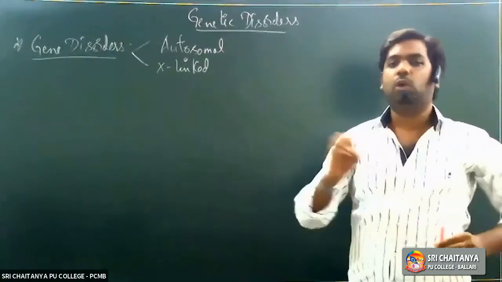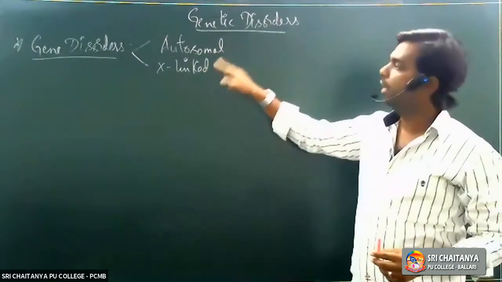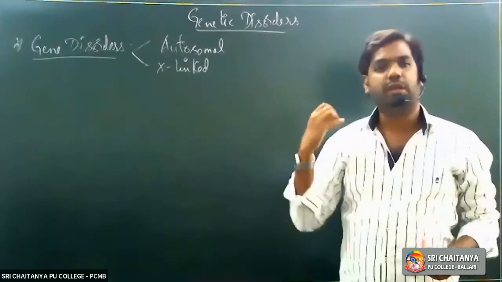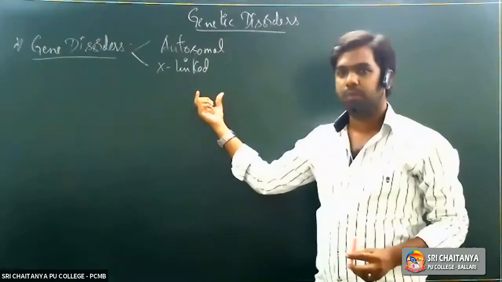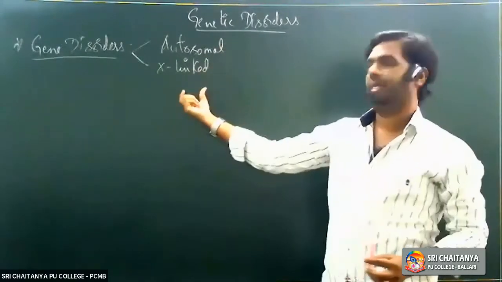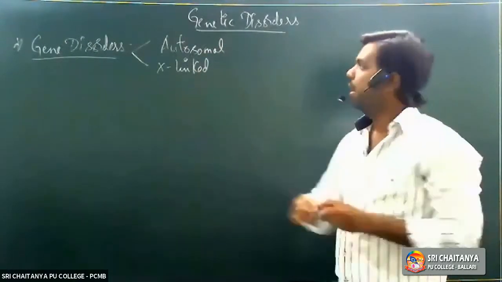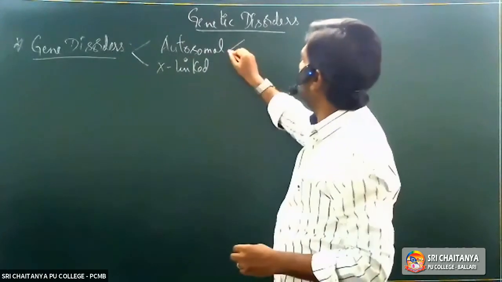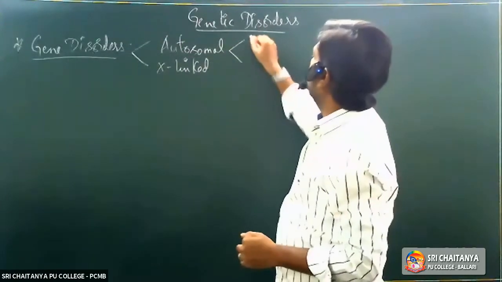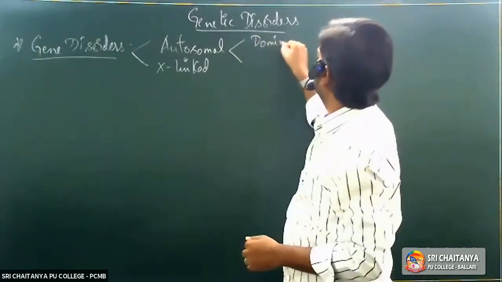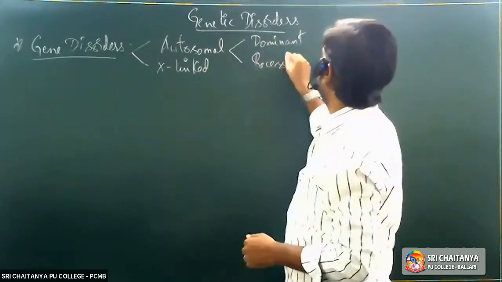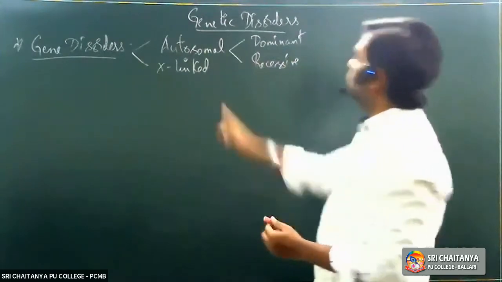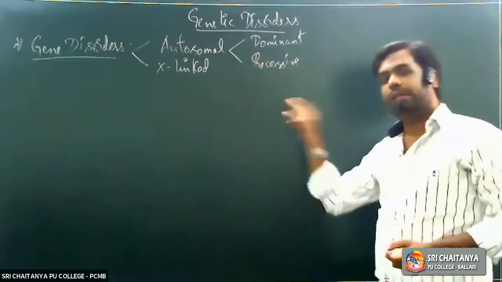Mutation in the gene located on the autosomes. In X-linked, there is mutation in a gene situated on the X chromosome, right? Now, this autosomal gene disorder is again of two types. One is a dominant disorder, and the other is a recessive type of disorder. Autosomal dominant disorder, autosomal recessive disorder.